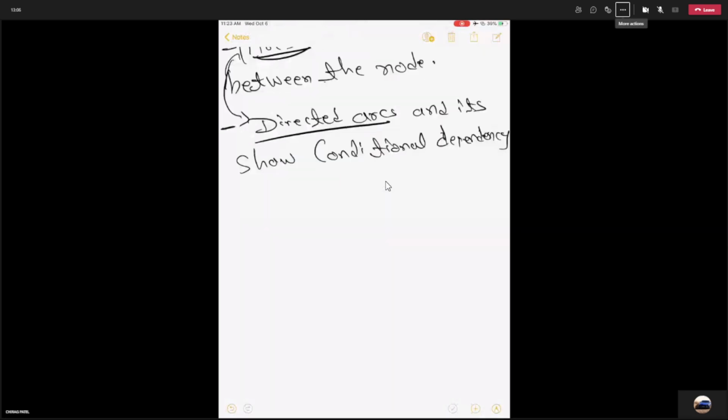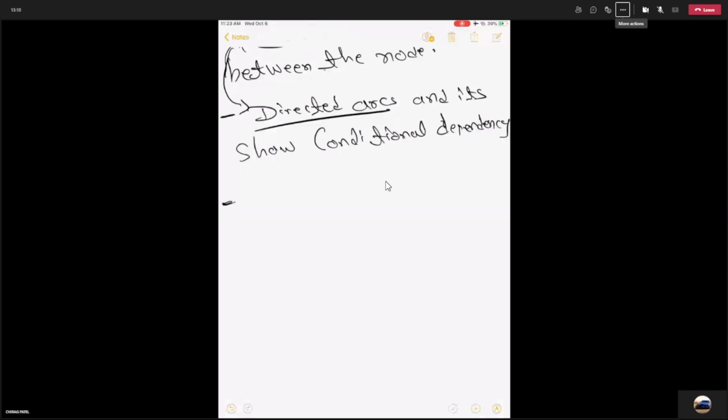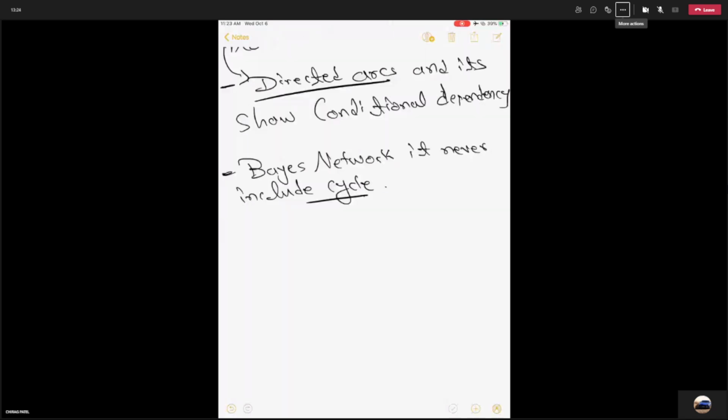If you are creating any Bayes network, it never includes a cycle. It means it is formulated as a directed acyclic graph. Okay.